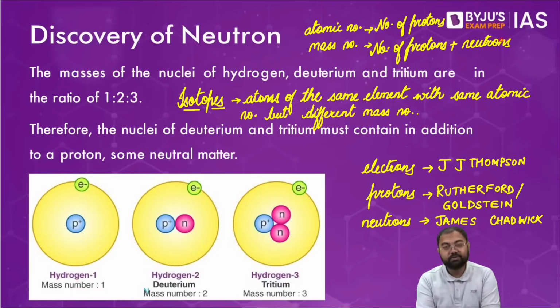Always remember, because many of you wrote it here, never define atomic number as the number of electrons. Never do that. Although we say that the number of protons and number of electrons in any given atom is the same, we never define atomic number as the number of electrons.